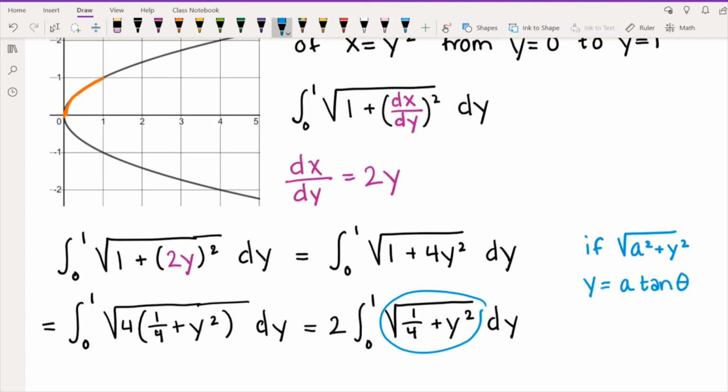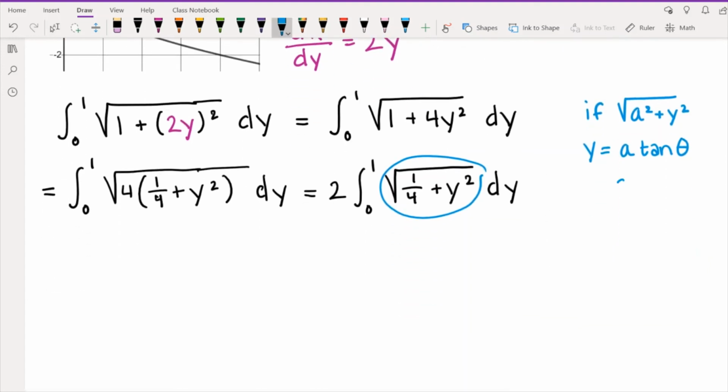And so what is a in this scenario? Well, 1/4 is something squared, right? It's 1/2 squared. So in this case, we're going to let y equal 1/2 tangent of theta. And so what is dy going to be? dy is going to be 1/2 times secant squared of theta. And let's see, so we could change our bounds.